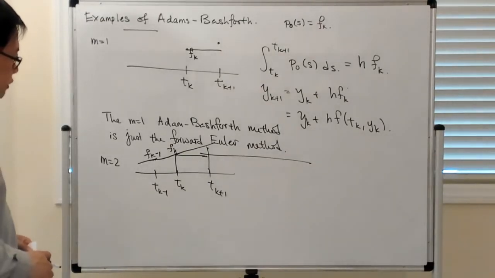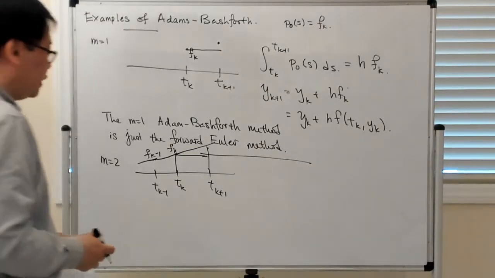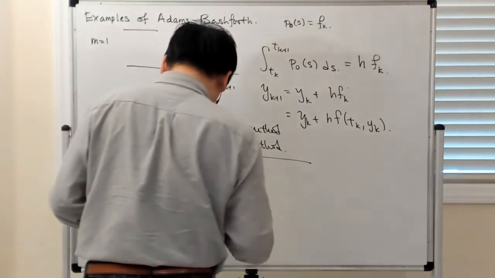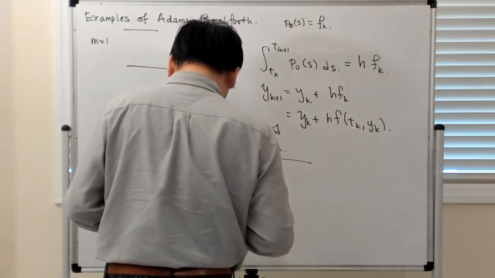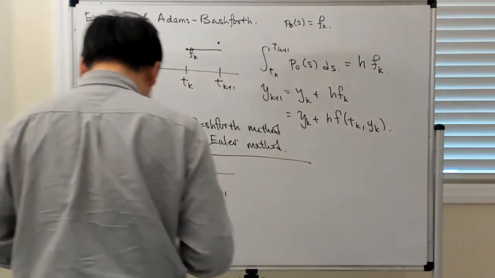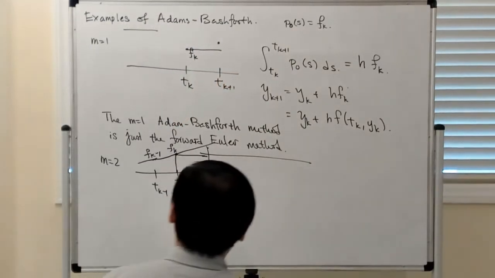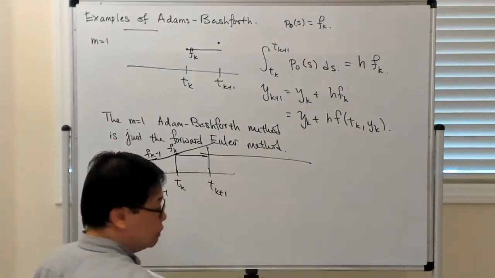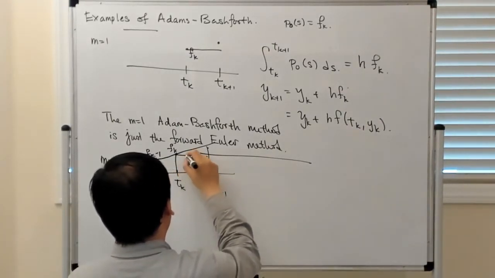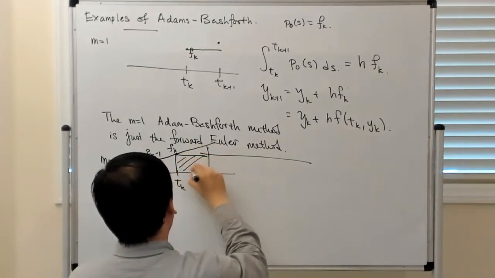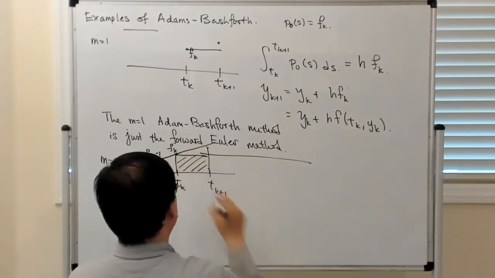Again, you can convince yourself that if you look at this polynomial of degree 1, I can write down the Lagrange polynomials associated with this, but I can also see what it's going to be. I want to find this area. So let me just look at the area of this block here.